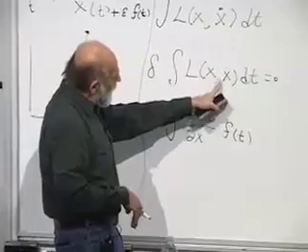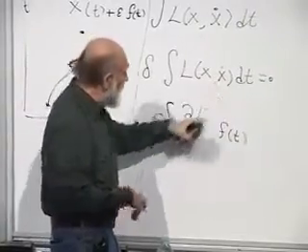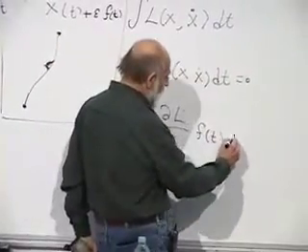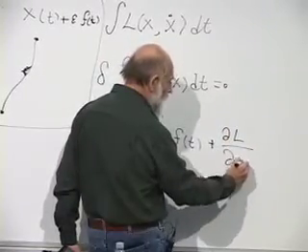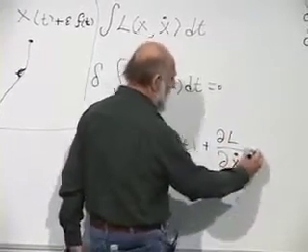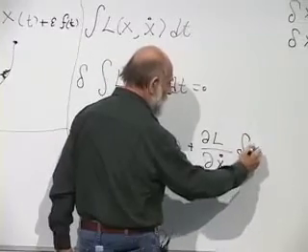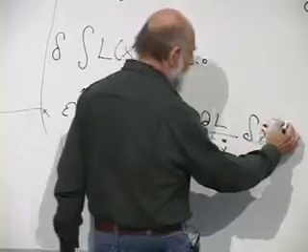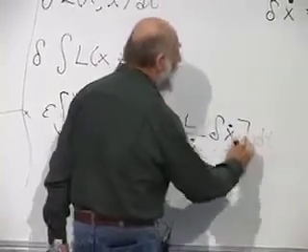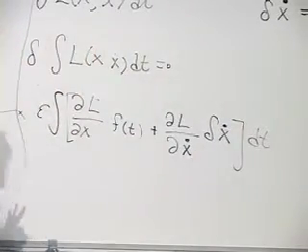And then the Lagrangian also depends on the velocity. So we add plus the derivative of the Lagrangian with respect to the velocity times the change in the velocity, integral dt. That's the change in the action when we change the trajectory a little bit.